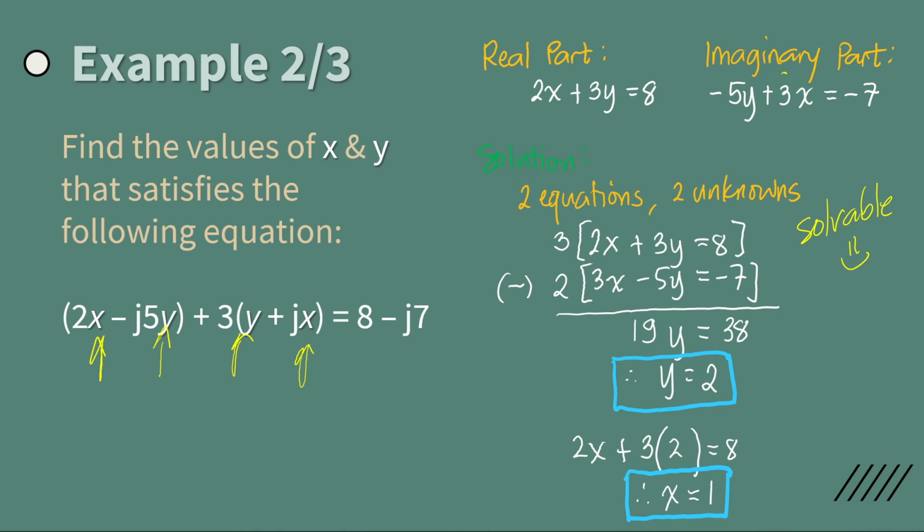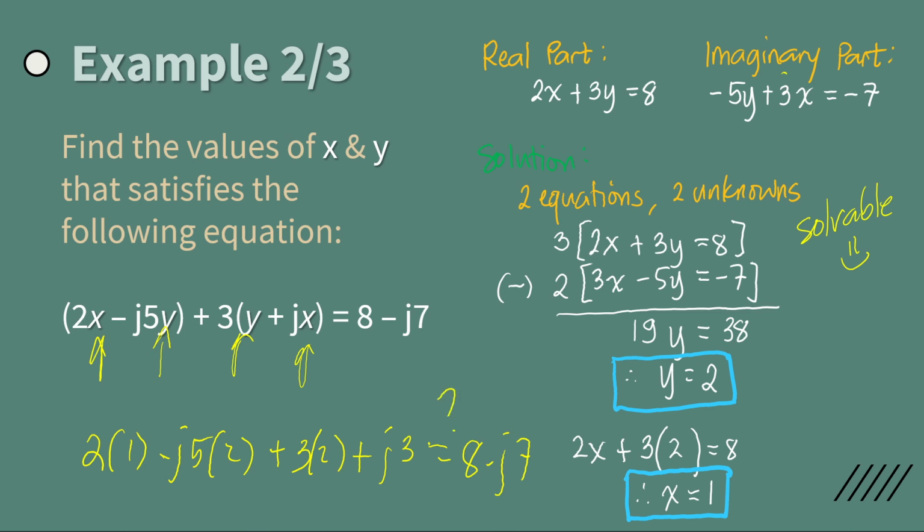And if you want to verify this, you can multiply 2 times 1 minus j5 times 2, and then plus 3 times 2 plus 3 times 1, so this is j3. Is it equal to 8 minus j7?